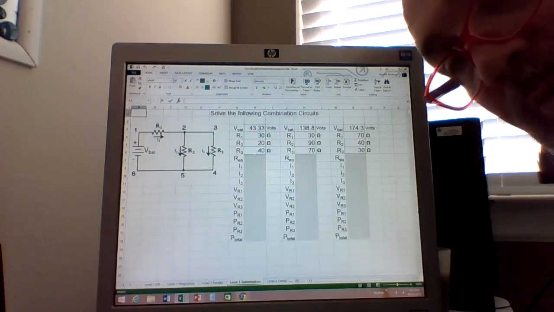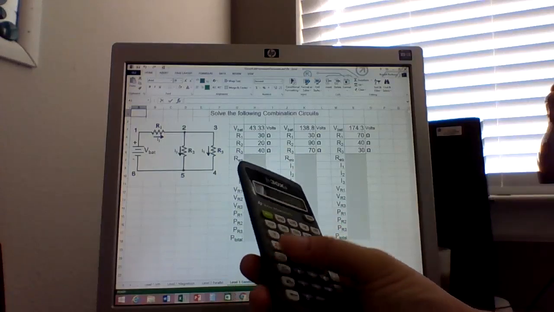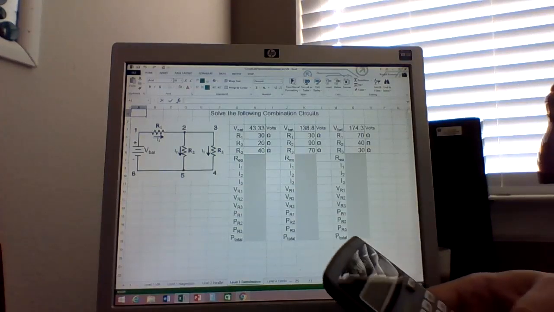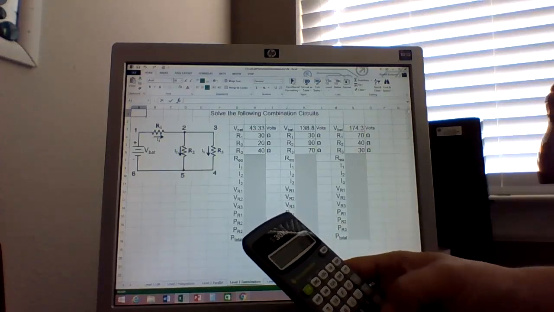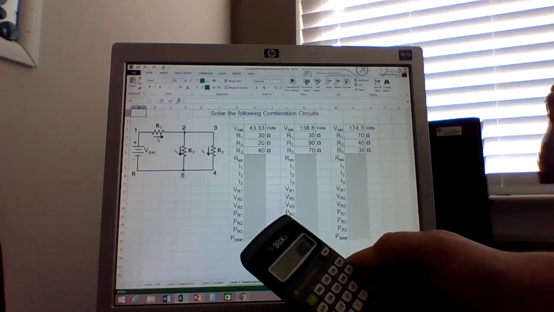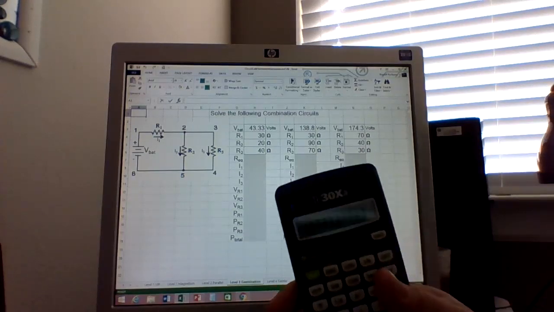Okay, 13.3, Mr. Katz is correct. The way I did it very quickly was I took 20 times 40, which is 800, and divided it by 20 plus 40, which is 60.